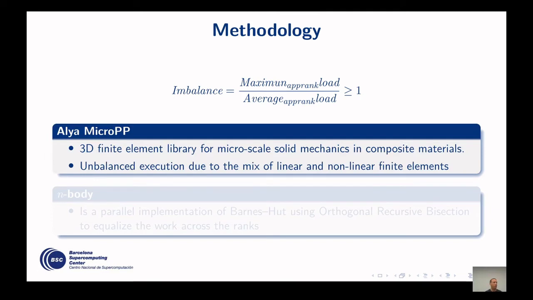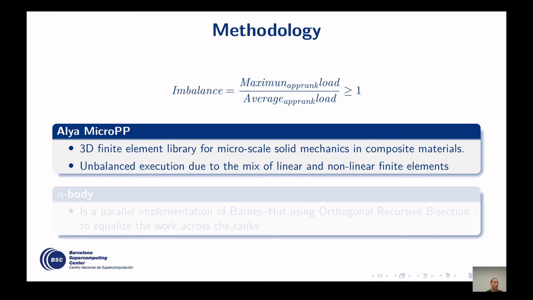For benchmarking, we use essentially two applications. The first is Alya MicroPP, which is an Alya plugin for a 3D finite elements library for microscale solid mechanics in composite materials. The unbalanced execution in this case comes because some of the elements can become nonlinear and require much more calculation than the linear ones.